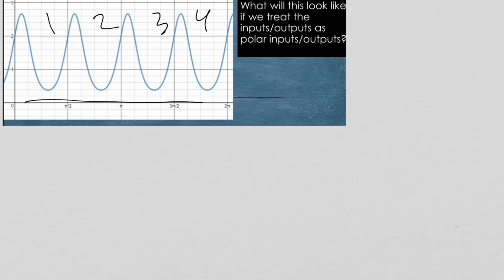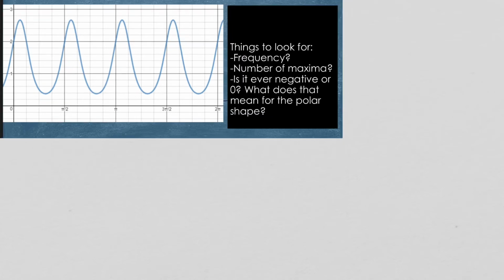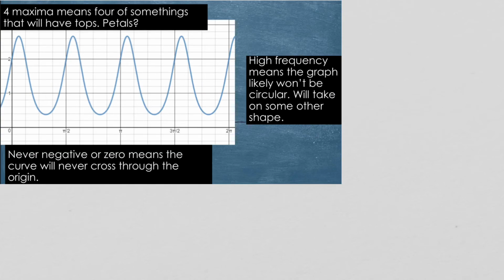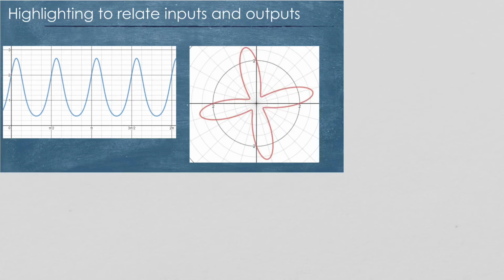So if we were to actually do this on Desmos, this is what it would look like. Here are some important notes if you'd like to copy what I just said. It's looking like this. It's not having double the amount of petals here.